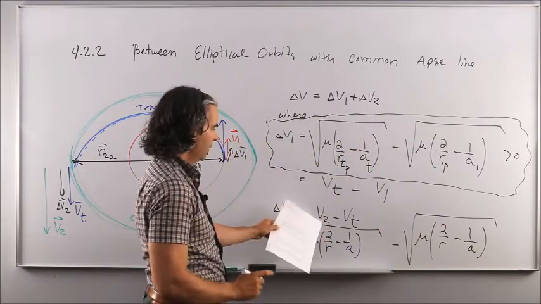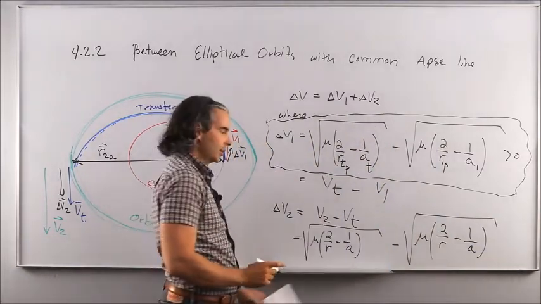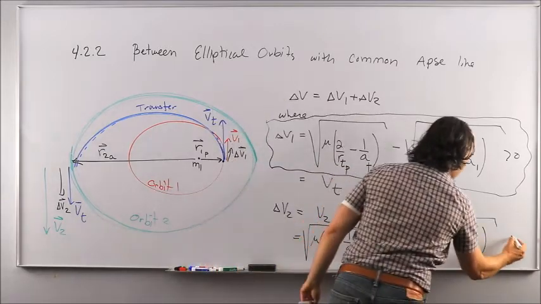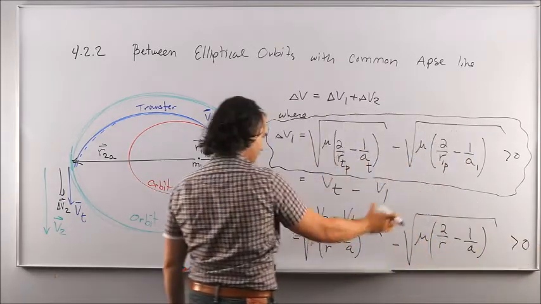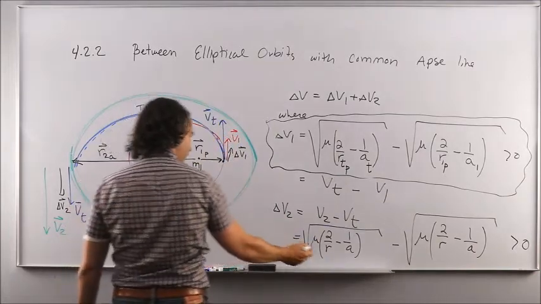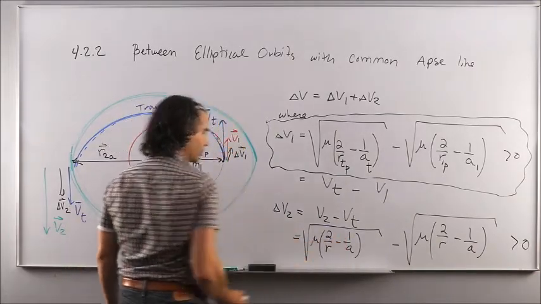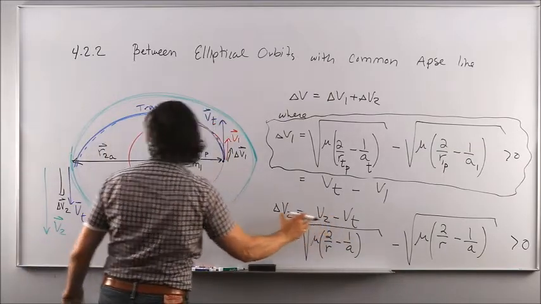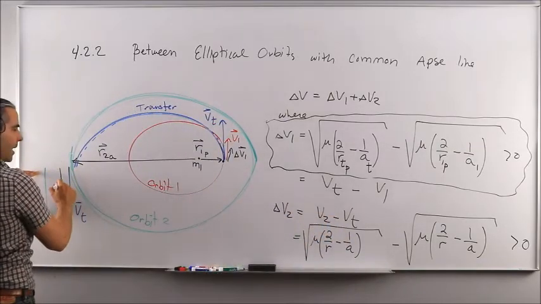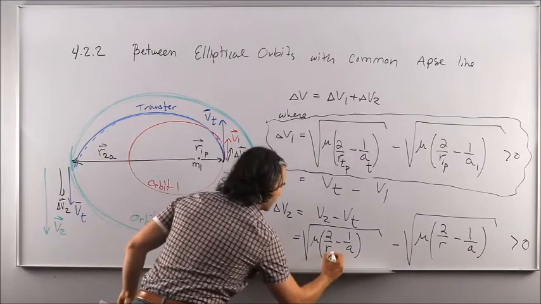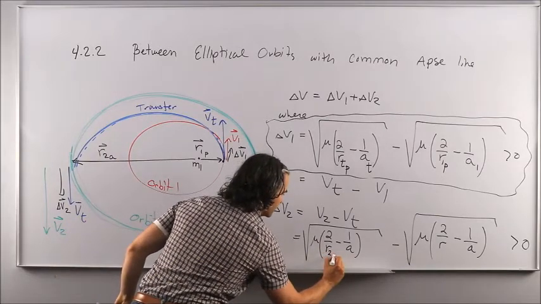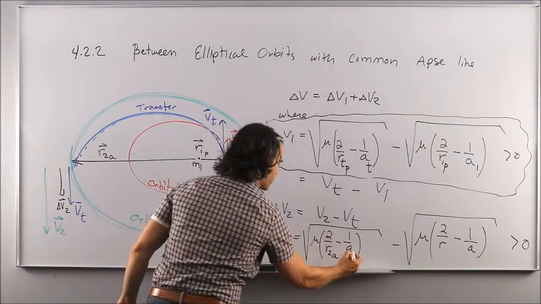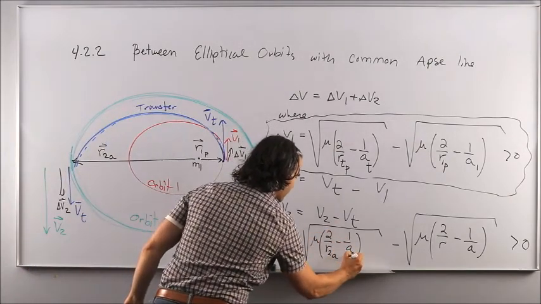Now let's plug the subscripts appropriately to make sure that we don't just end up with 0, obviously, because as it is, this is equal to 0, but let's specify which radius and which semi-major axis we're talking about. So that term here is for velocity 2 at its apogee, so I'm going to write radius of orbit 2, subscript A at its apogee, minus 1 over semi-major axis of orbit number 2.